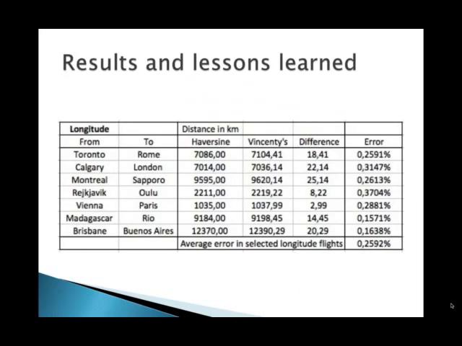Now, if we look at the longitude and the routes that go west to east, we see two things. First, that obviously for very short routes, the absolute error is very small, and for longer routes it is bigger. We also see that Vincenty's formula for every single route calculates a greater distance than the Haversine formula.